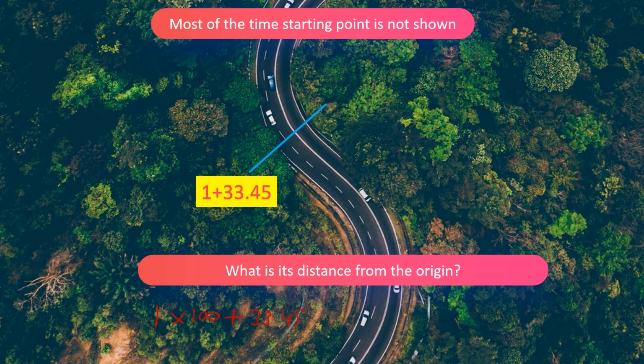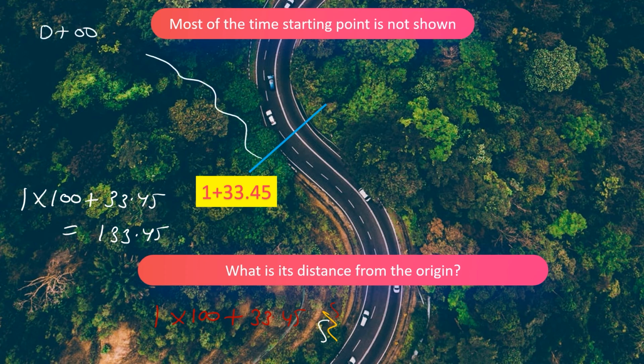I don't know if you can see this or not, but yes, 1 times 100 plus 33.45 will give you 133.45. So it is the distance of this section from the origin. Let's say our origin is somewhere here, so its distance is 133.45 feet.